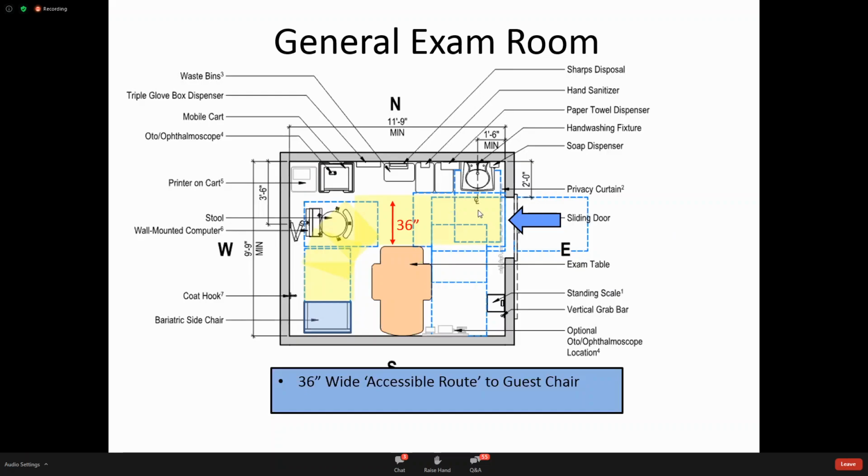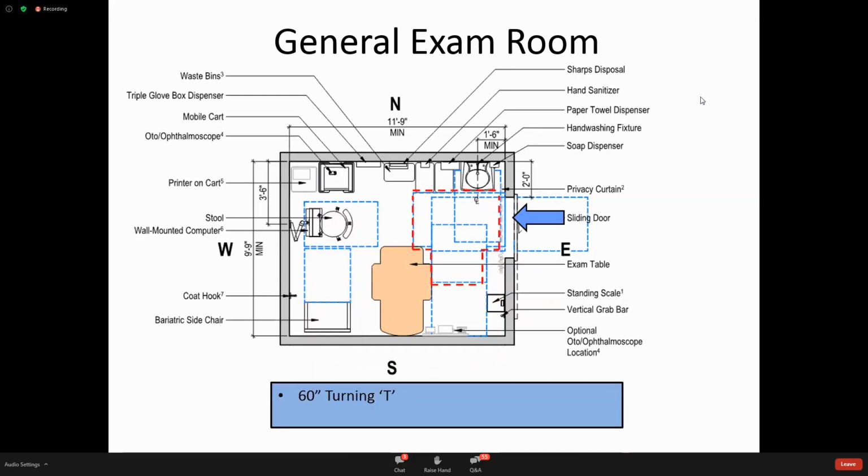The way we've designed it, it passes right through where we have a stool and that wall-mounted computer that we talked about earlier. We accept the stool is light enough, you can kick it out of the way, so we're not going to worry about it. And the wall-mounted EHR is something that could fold up against the wall, so we're not going to worry about it. So we've got an accessible route that takes us through to the guest chair.